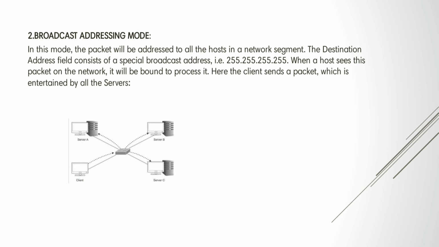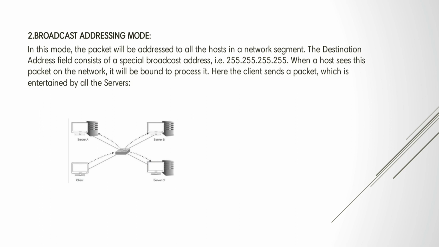Next, we will see about broadcast addressing mode. In this mode, the packets will be addressed to all the hosts in the network segment. The destination address field consists of a special broadcast address, that is 255.255.255.255.